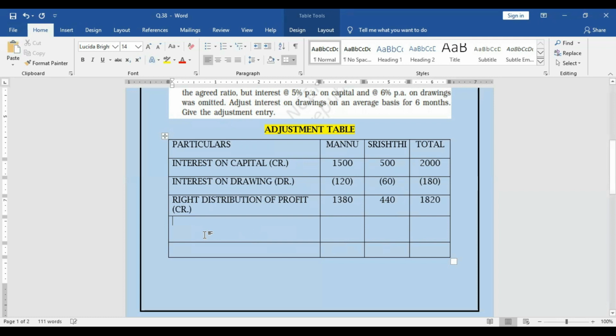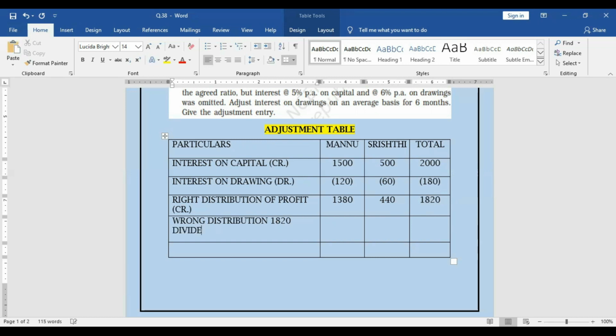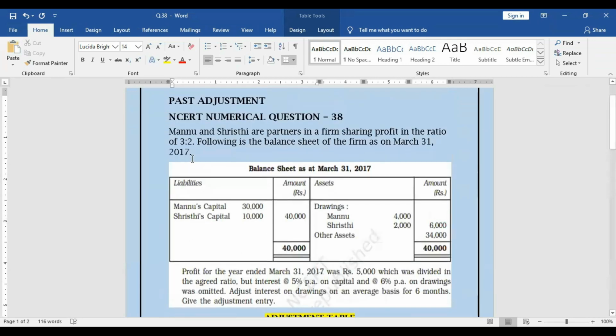Wrong distribution has to be debited. The wrong distribution is this 1,820, which was distributed as per the profit sharing ratio of 3:2.